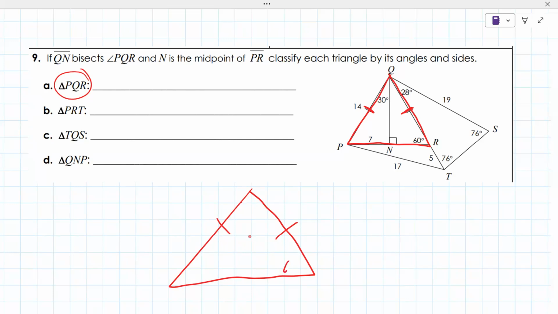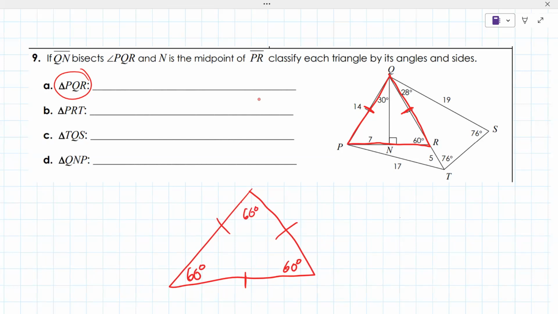Now, this is 60 degrees from the picture. You see that there? That means that this angle is also 60 degrees. What is the third angle? 60. Yes. Now, if all the angles are the same, that means all the sides are the same. That means it's a scalene.